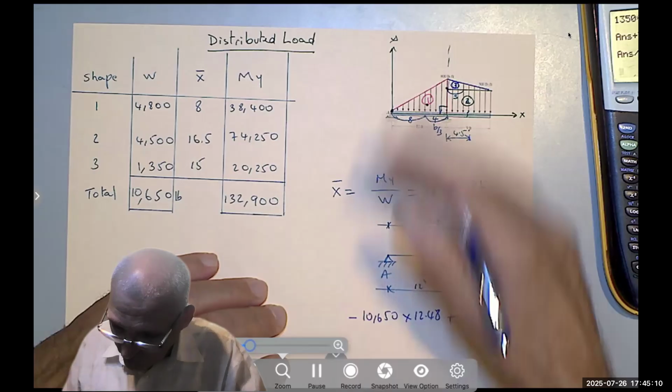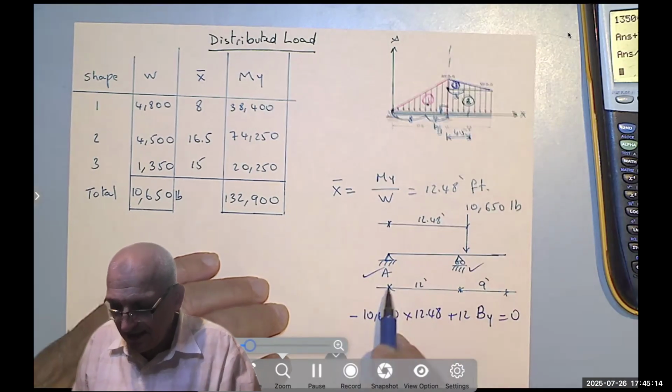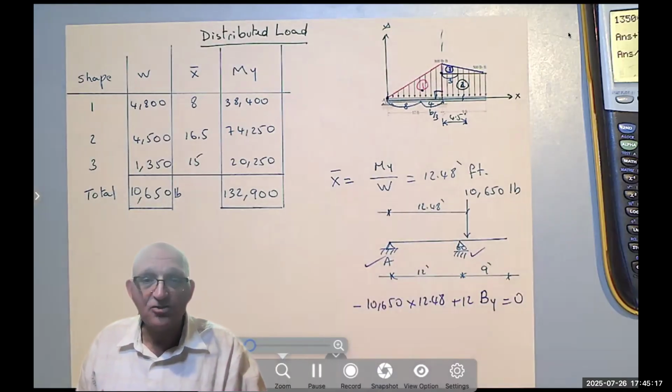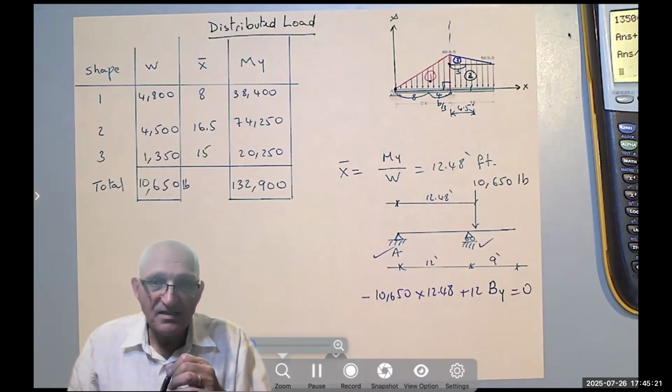Summation of the forces in the y, I get Ay. And there is no horizontal force, so Ax is 0. But it allows me to easily find the reactions at the support.